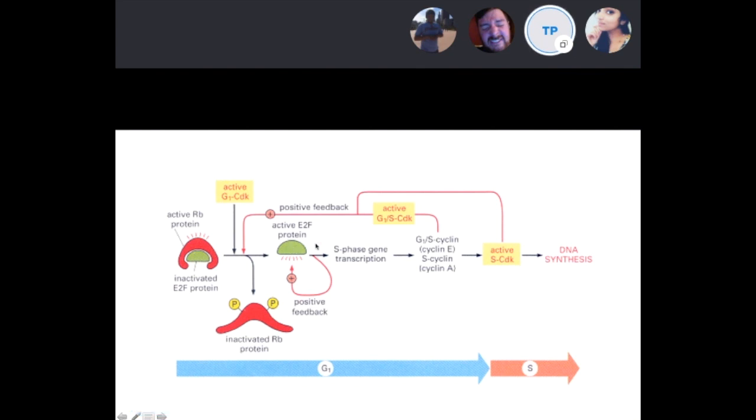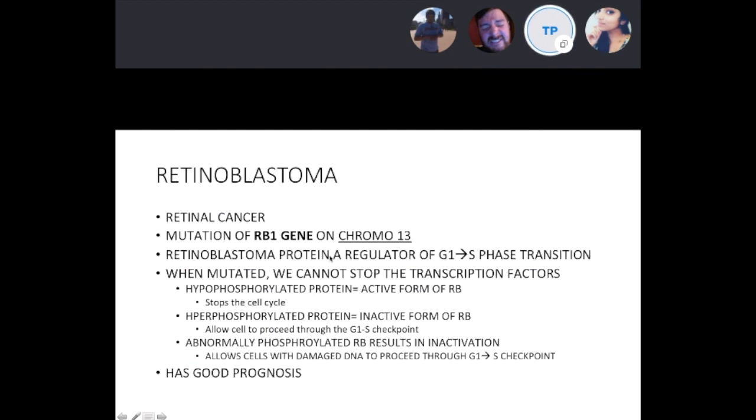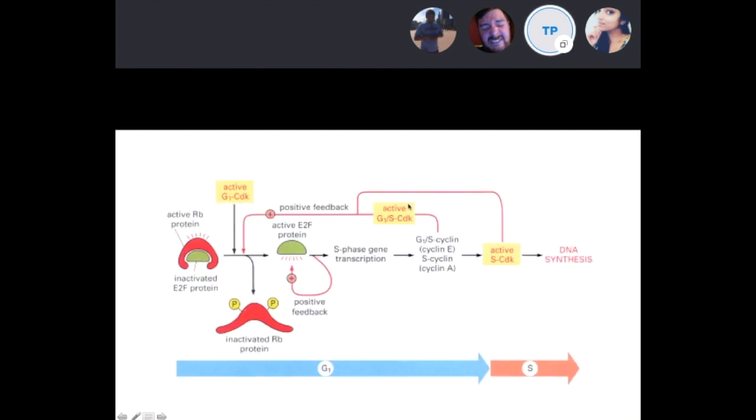However, it's allowing elongation factor 2 to go on and complete signaling and allow the cell cycle to continue on into S phase. And so that becomes a problem if the protein is mutated, and if it is hyperphosphorylated, it's going to just continue going through without stopping for any damage in the DNA.